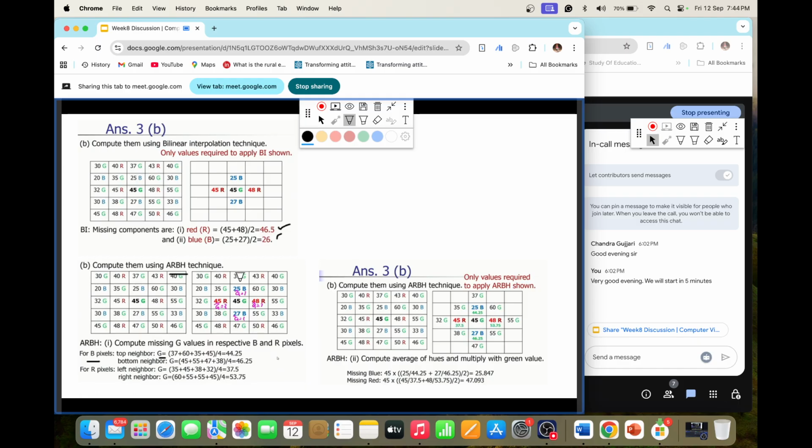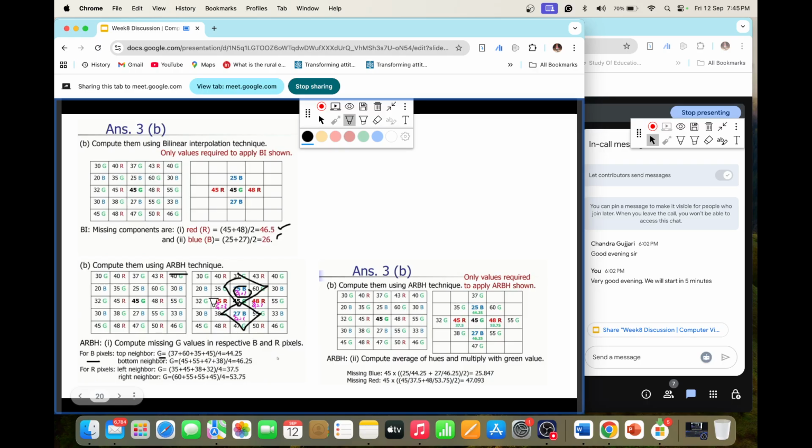So how is this calculated? This blue pixel can be calculated by this green pixel. This is the diagonal. Similarly, this blue pixel can be calculated by this. So we have calculated both blue pixels.